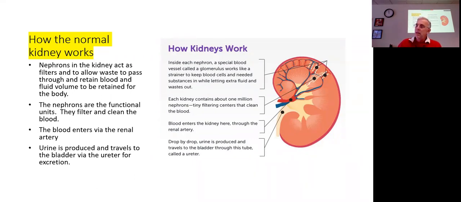And as we get into older adulthood and old age, the number of nephrons is reduced, either by normal processes of aging or by disease. Doesn't always mean that your kidney isn't doing its job. It just means that the number of functional units called nephrons are fewer and fewer as we get older.